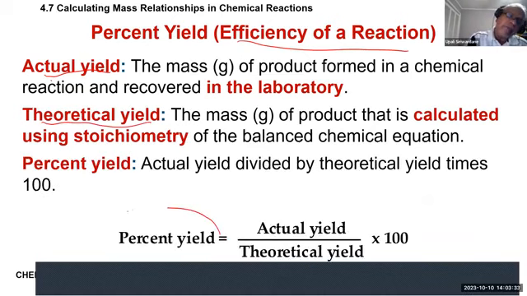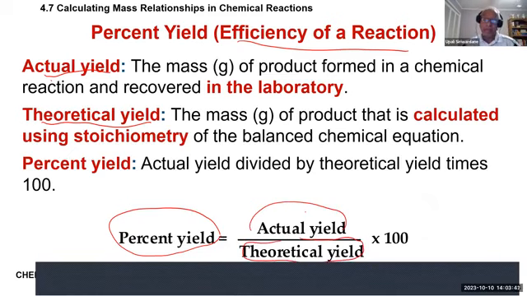Percent yield is how good your reaction is. Actual is what you obtain. Theoretical yield is the possible maximum yield calculated based on the chemical equation. Actual is practical. You go and do the lab work, there are going to be less products. Therefore, if the percent yield is 100%, that's a good reaction. Less than 100% means efficiency is going down.